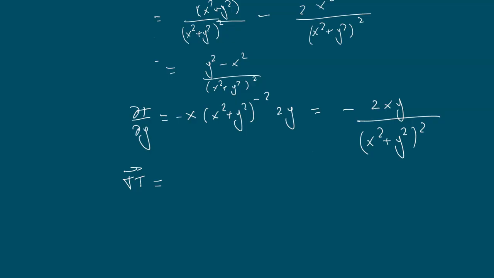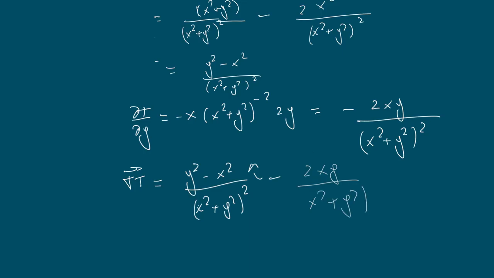And what direction is this? Well, let's write the vector. The gradient of T is (y squared minus x squared) over (x squared plus y squared) squared in the i direction, minus 2xy over (x squared plus y squared) squared in the j direction.